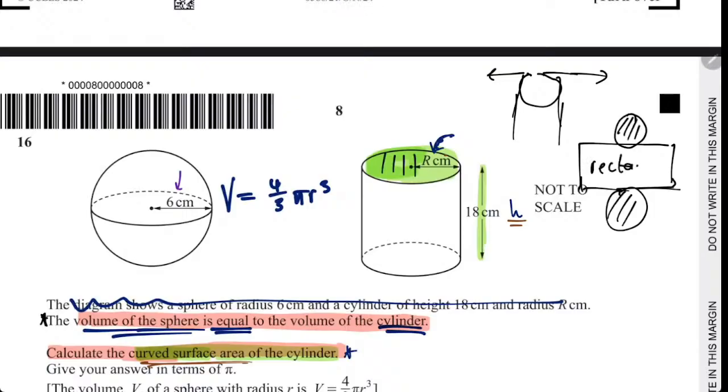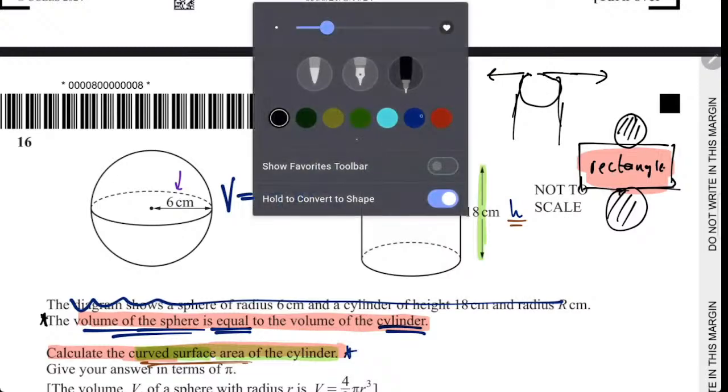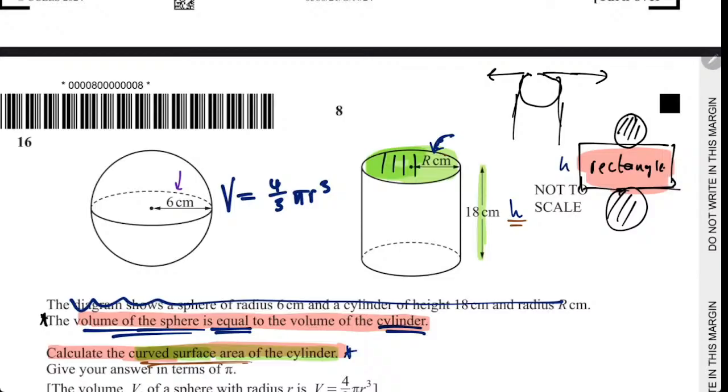So to get the curved, this is what they were calling the curved surface area. This one, when you open it, it's a rectangle. Now, this rectangle, this will be the height of the cylinder. And then these are the length here. Let me put it in blue.